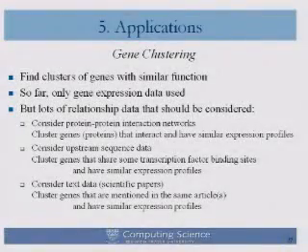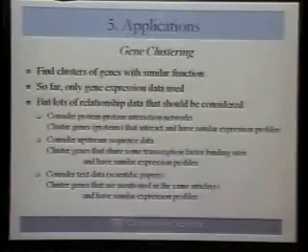Okay, so these were basically our originally driving applications: market segmentation, community identification, document clustering. Now let's consider some quite different applications for joint cluster analysis, such as gene clustering. Gene clustering is an extremely important task in molecular biology, with the goal of finding clusters of genes with similar function.